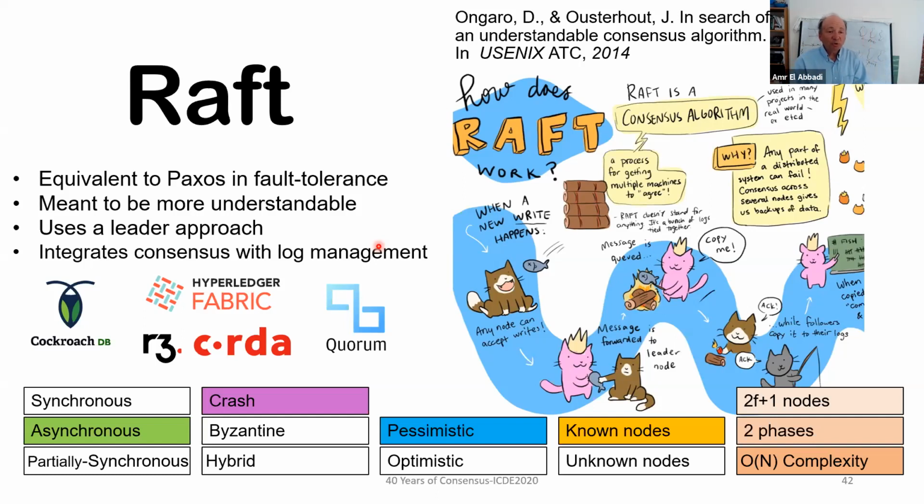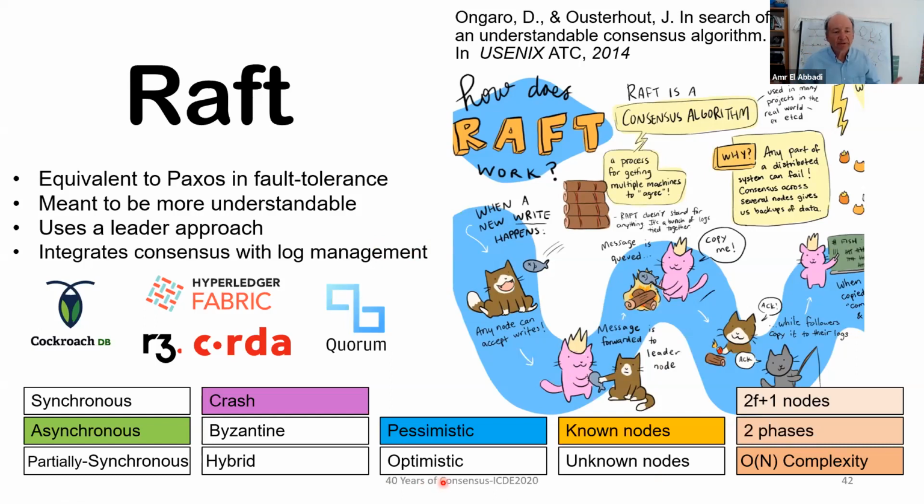So John Ousterhout, with his student, proposed Raft, which is equivalent to Paxos in terms of fault tolerance. All the parameters at the very bottom are almost the same, but it integrates the consensus part with the management of the log. And in some way it is much more understandable.